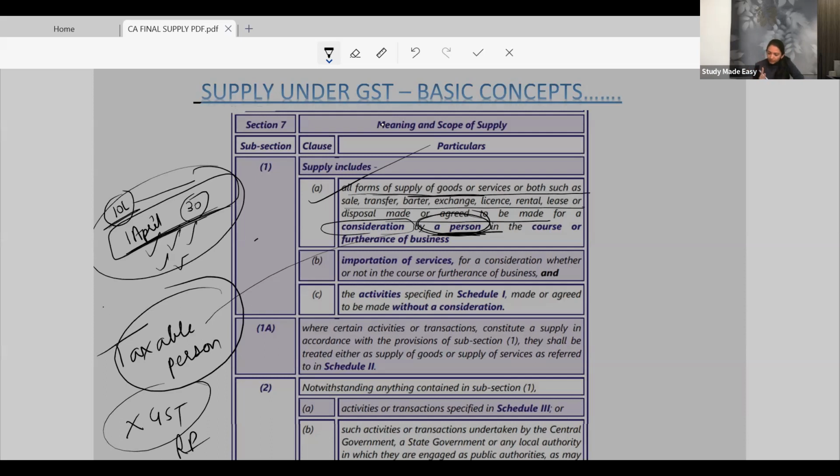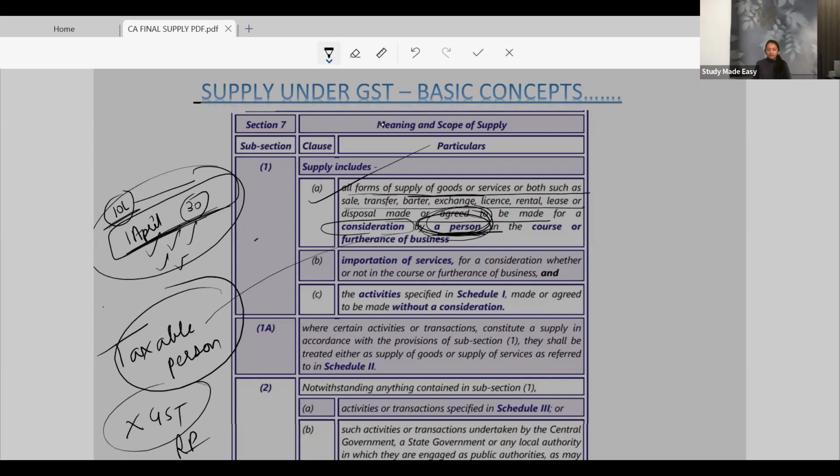Understood that meaning? Now, ma'am, what is this person? Whether you are an individual, a company, HUF, AOP, or a cooperative society, person is not only one kind of person. A person means every kind of person, including an artificial juridical person, but he should be a taxable person. Done? Now write the next point.